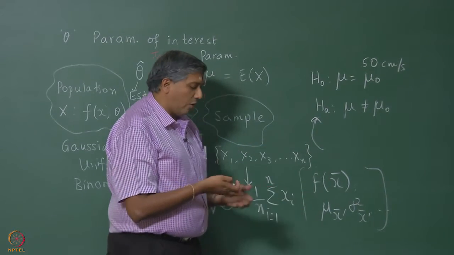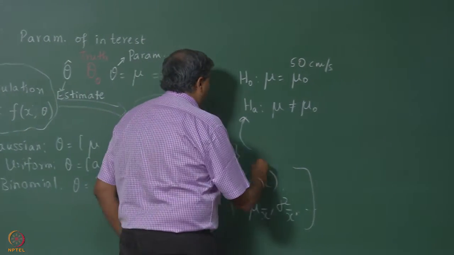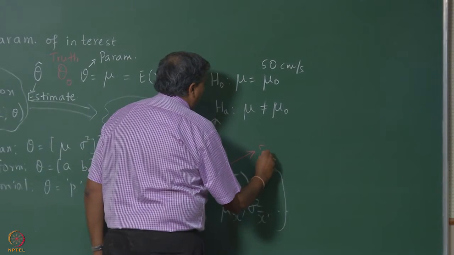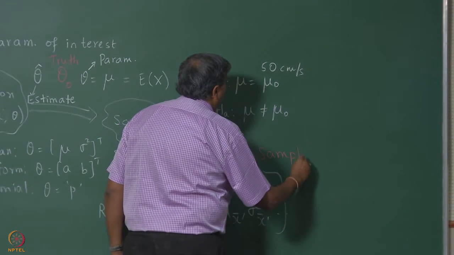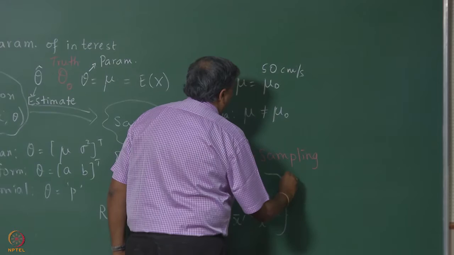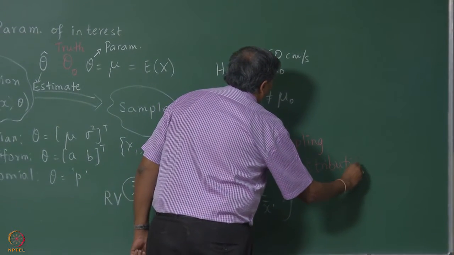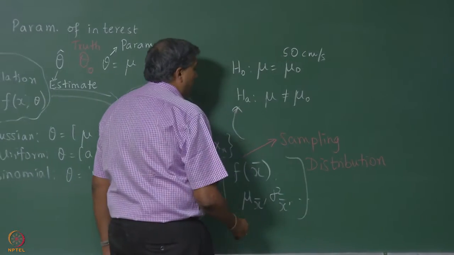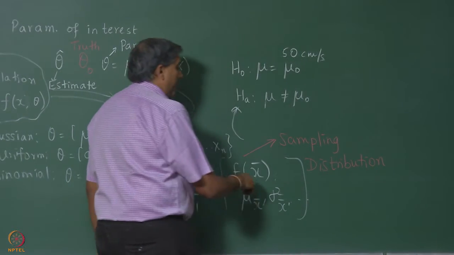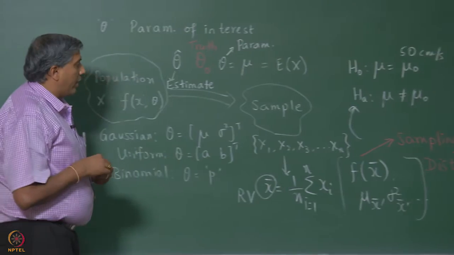What is this? This is called a sampling distribution. This f of x bar is called a sampling distribution, or also the distribution of the estimate, but we will use the term sampling distribution.